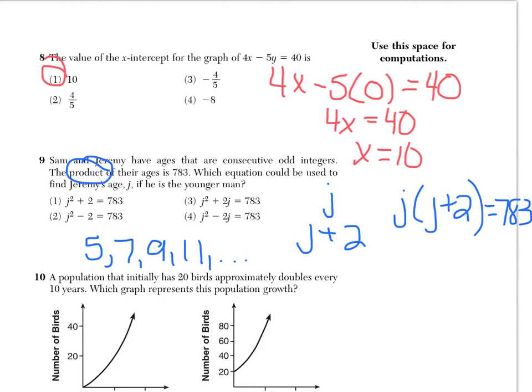Now this doesn't look just like one of my answers yet, so what I'm going to do is distribute, and I end up with j squared plus 2j is equal to the 783, which is answer choice 3.